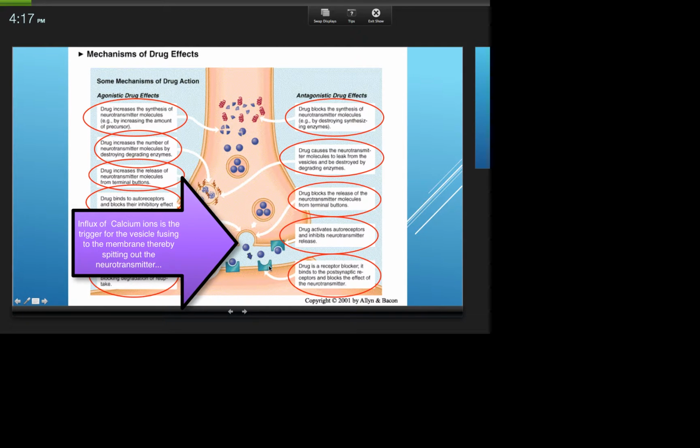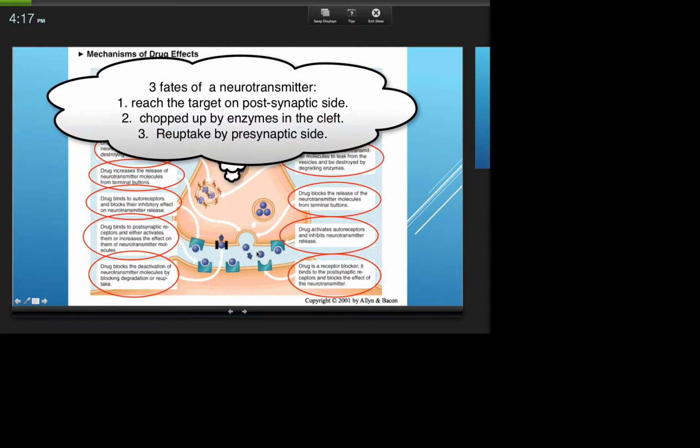The vesicles spit the neurotransmitters out into the synapse, and the neurotransmitters can either be reuptaken, or they can be chopped up in the synapse by enzymes, or they can reach their target, which is the receptor on the postsynaptic side.